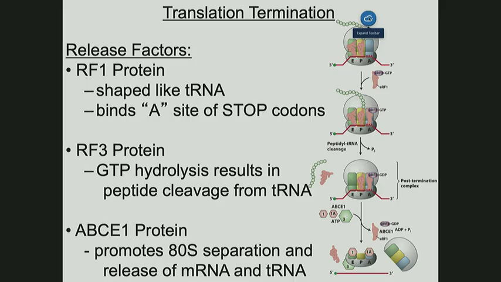One of them is the association of a protein called ABCE. This is important because it causes the 40 and 60 subunits to break apart. This then allows release of the messenger RNA as well as release of that new peptide. That new protein can then complete folding and go off.